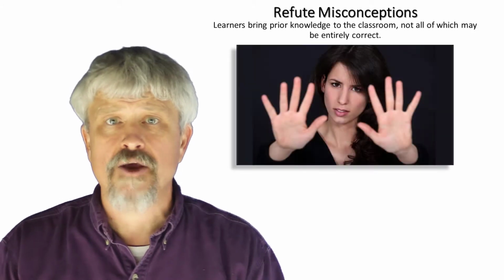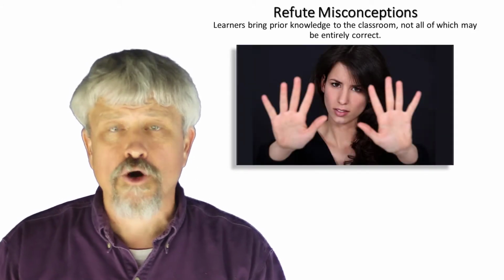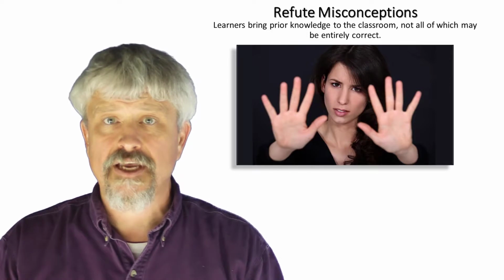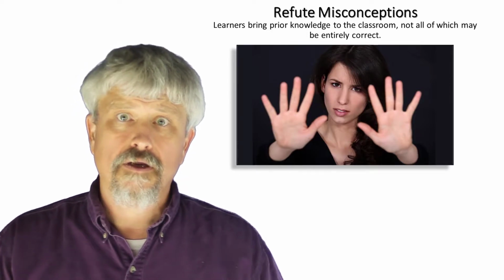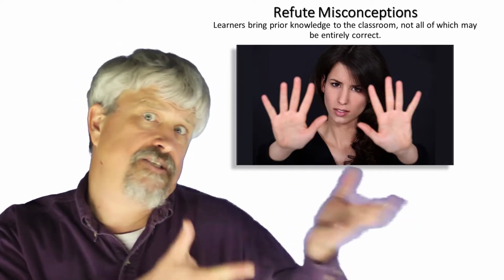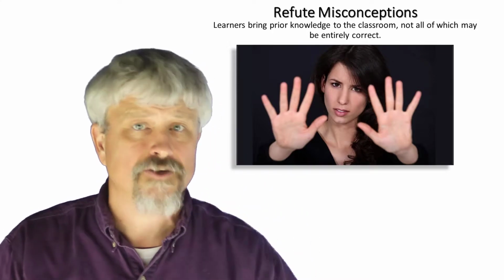Further, science and technology continue to advance, and what may have been known to be true decades ago, it just isn't anymore. And so it's helpful to have refutations in certain types of learning activities, to be able to say to a learner that you might think this is what happens, but it's not true.